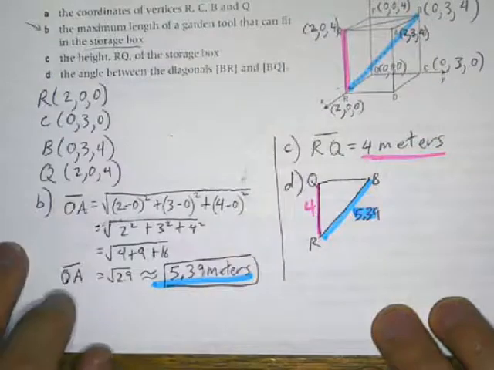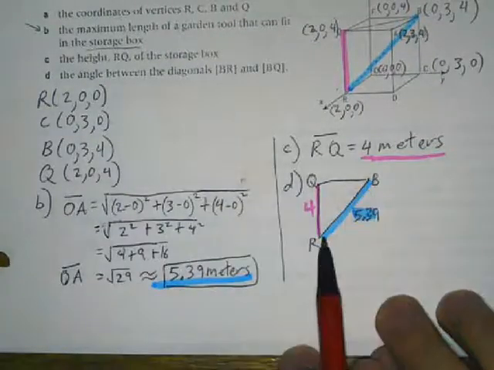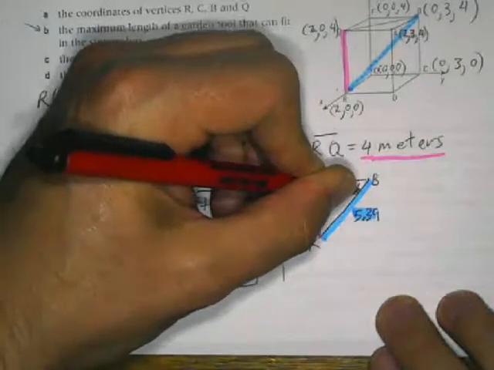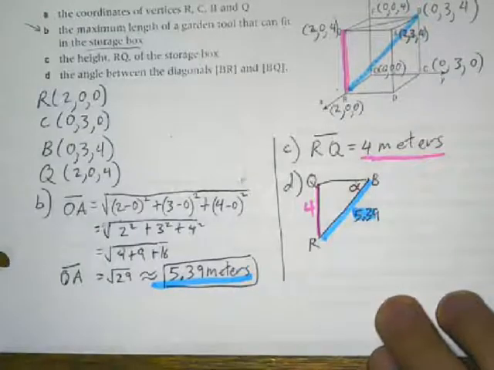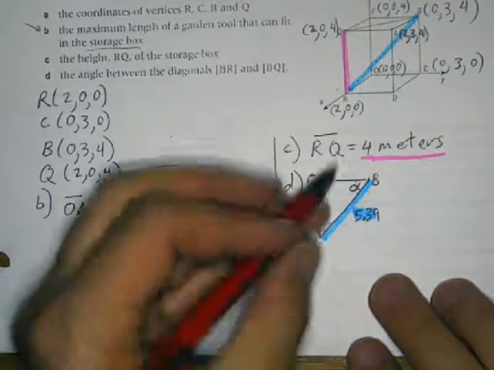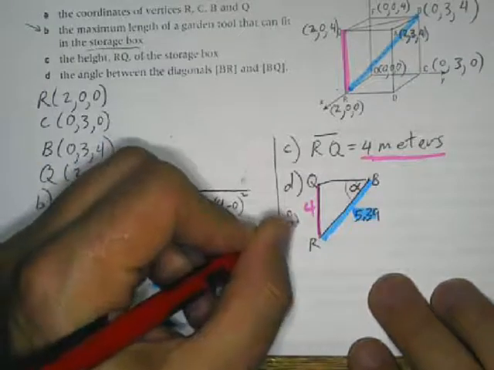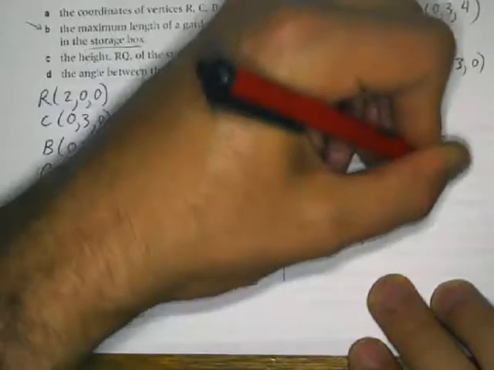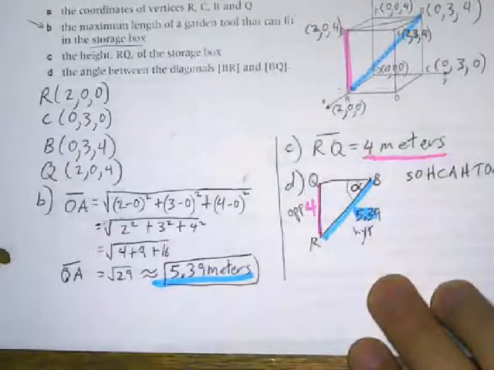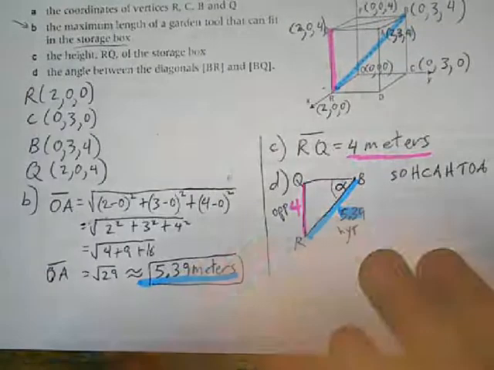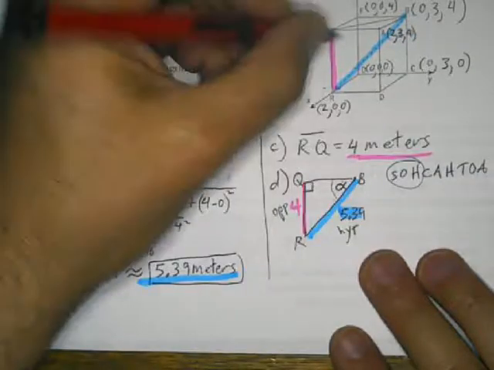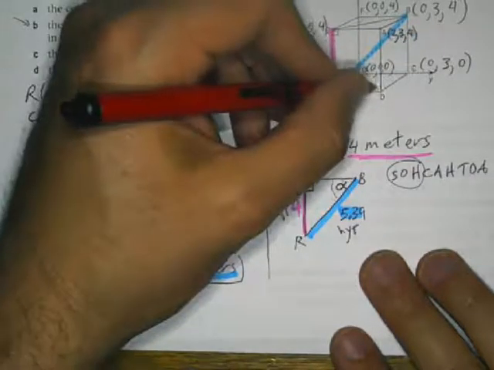Okay, and we're trying to find the angle between BR and BQ. So I'm just going to put an alpha there. So we're trying to find alpha. To figure out this angle, here we've got the opposite side, here we've got the hypotenuse, so let's think SOHCAHTOA. If I've got the opposite and the hypotenuse, I'm going to be using sine on a right triangle, because each corner of a cube has right angles, right?